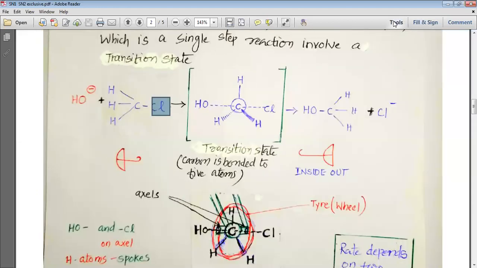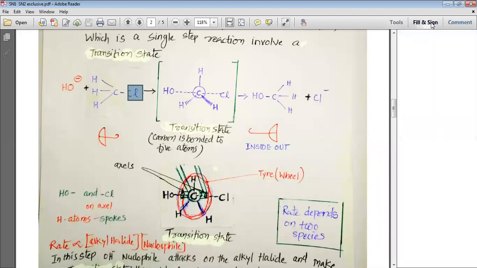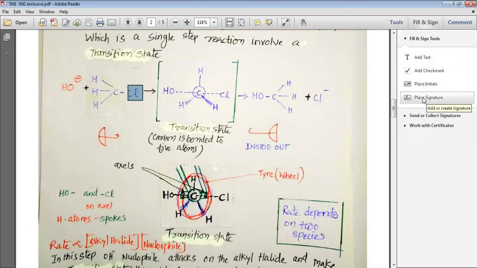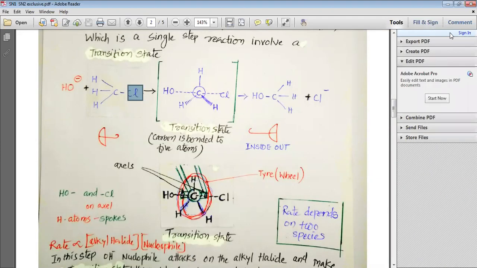here, my dear students, we can easily understand that due to the attack of this OH minus, we can see that these H atoms have shifted themselves.